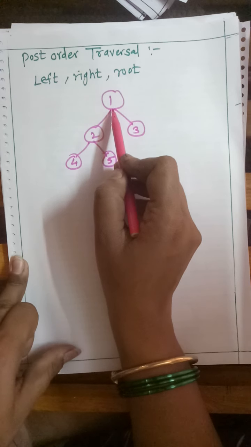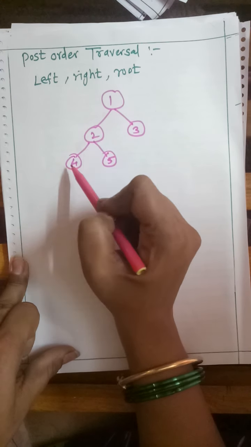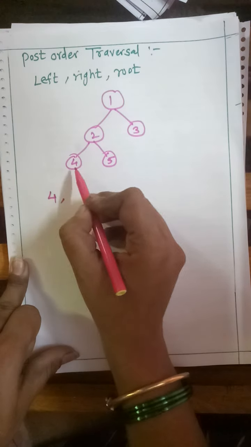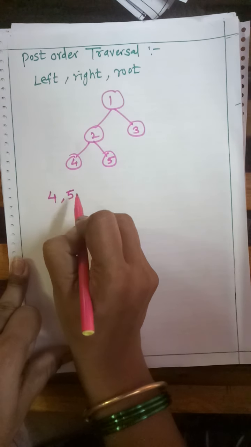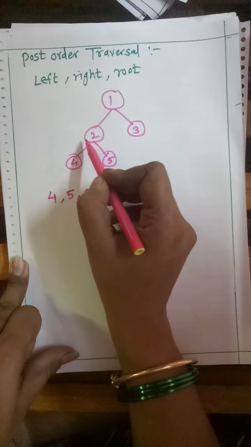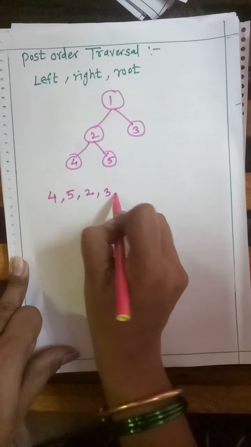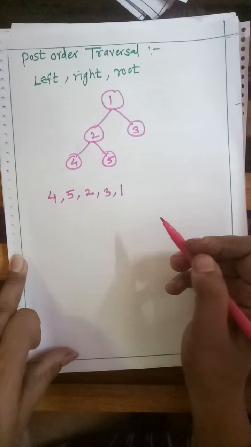What is the left node of 1? 2. 2 is again a root node. What is the left node of 2? 4. Now 4 will be visited. Then right node 5 will be visited, and 2. Now this left part is completed. Now we go to the right hand side. So 3 will be visited, and at last 1 will be visited.